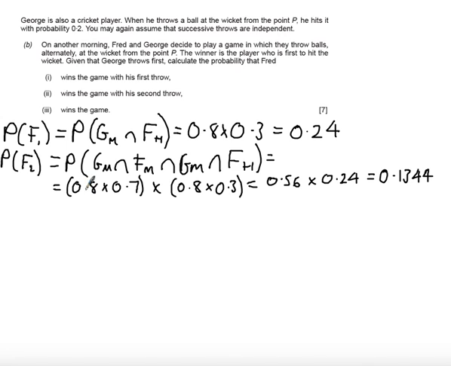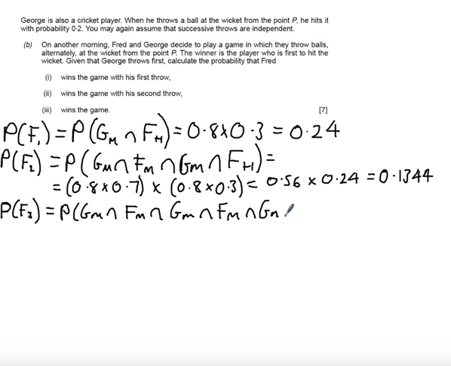Now, part 3 says find a probability that Fred wins the game. Well, before we do that, I'm just going to consider the probability that Fred wins on his third throw. And this is going to help us. So for that to happen, we're going to have George misses, and Fred misses, and George misses, and Fred misses, and again George misses.